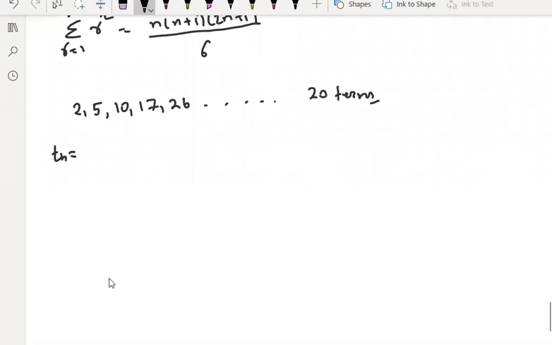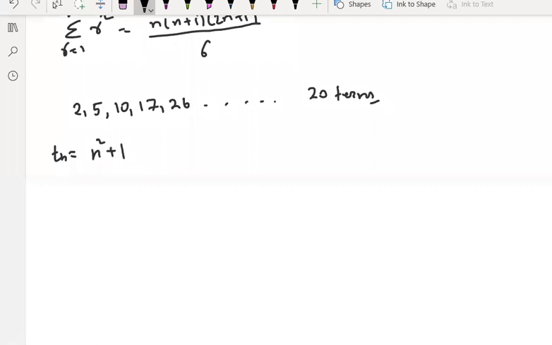What is Tn term here? What is the pattern? I've already taught you this. No, Kushagra. Tn term is a basic of patterns. The pattern here is n square plus 1.